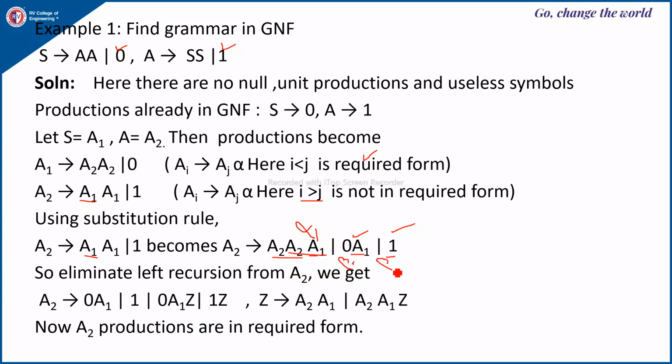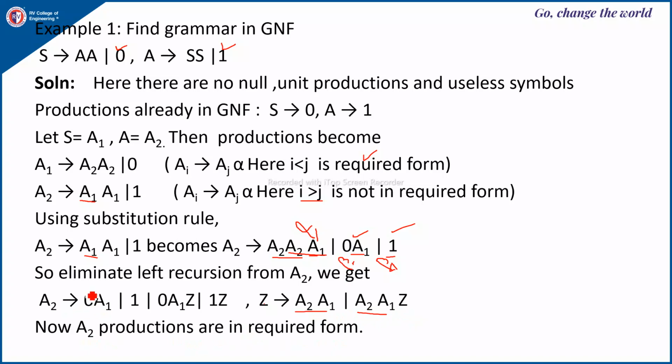So I'll be adding the new productions A2 derives beta 1 Z, beta 2 Z. That is 0 A1 Z and 1 Z. And for Z, I'll be adding the production Z derives A2 A1, this is your alpha 1, and alpha 1 Z. So now A2 productions are in the required form.